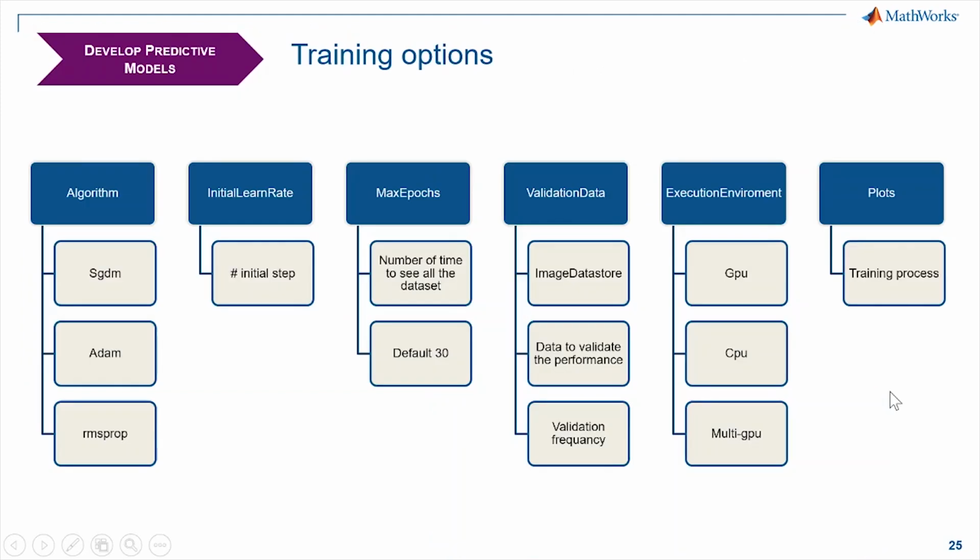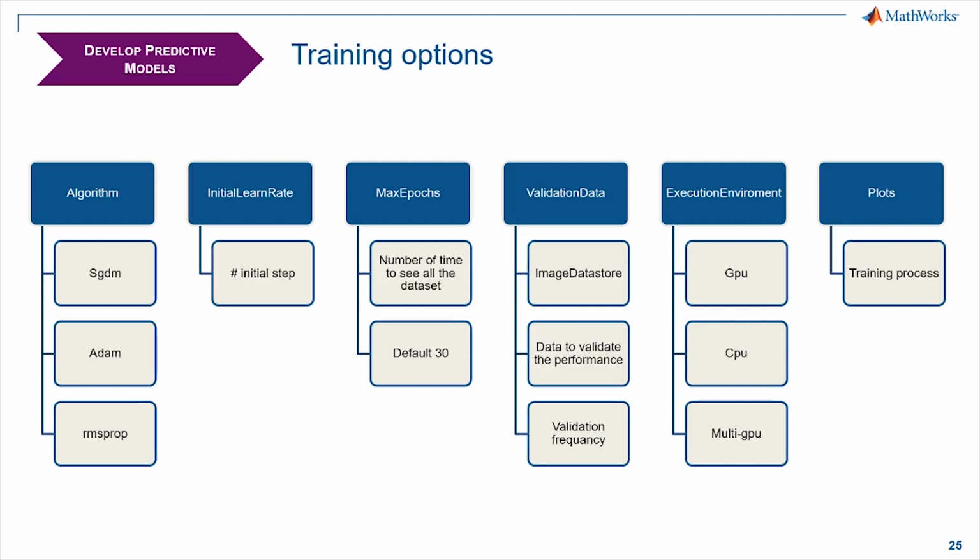And going on, we can start talking about training options. Training options are very important in our training procedure, because they characterize how our net will be trained. So let's start.